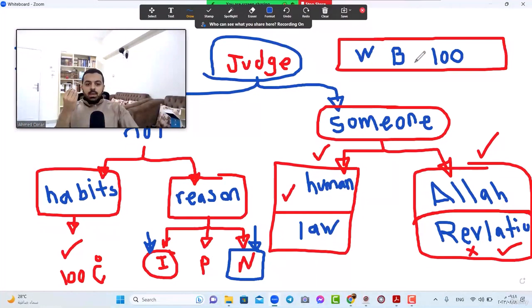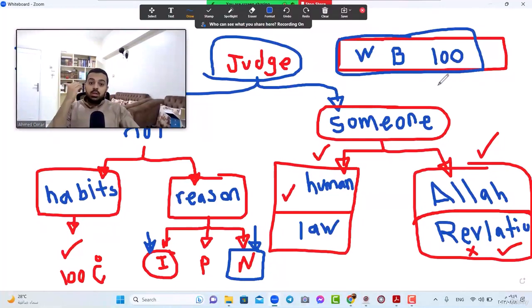In order to examine this, you ask yourself: if water did not boil at 100 degrees, would it cause a contradiction, a reasoning contradiction? So immediately you tell yourself it's necessary to be in this form.